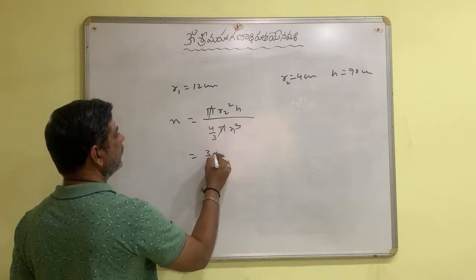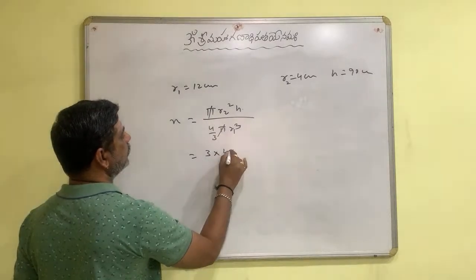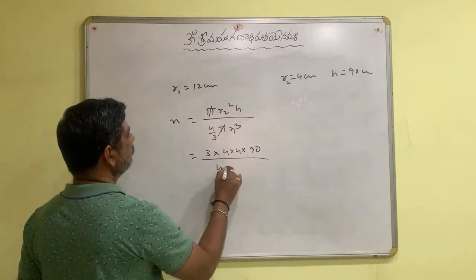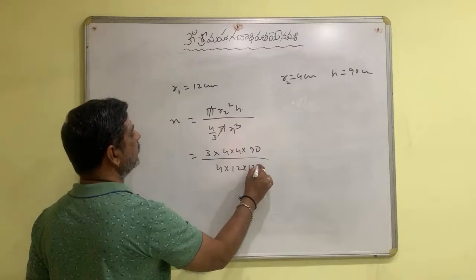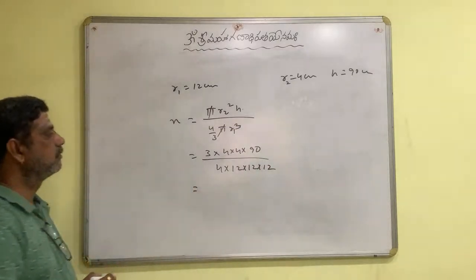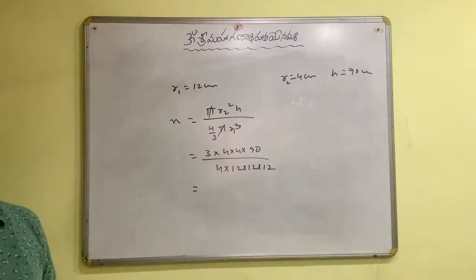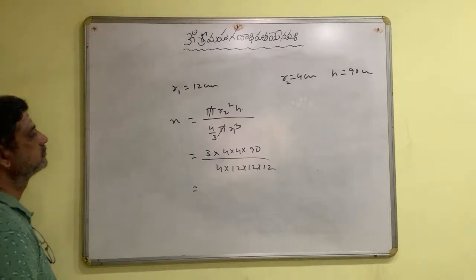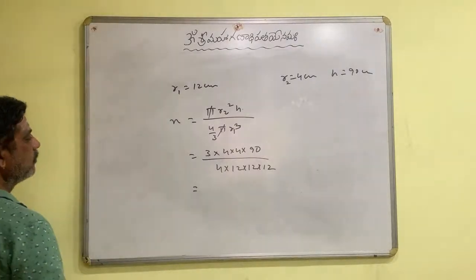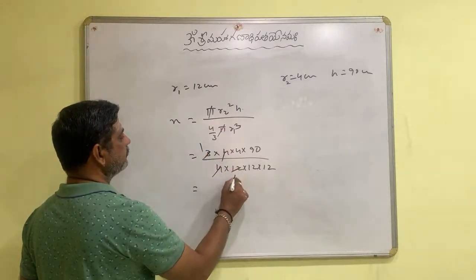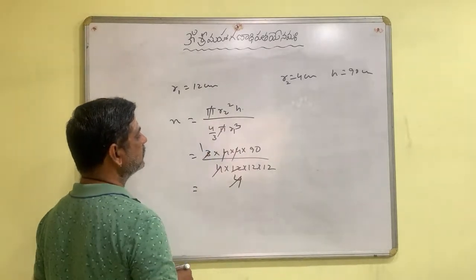So 3 into r2 square, 4 into 4 into height 90 by 4 into 12 into 12 into 12. 4 gets cancelled. 3 ones are, 3 fours are, these 4 also get cancelled.